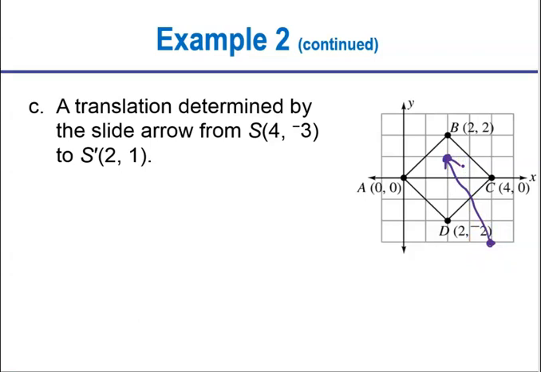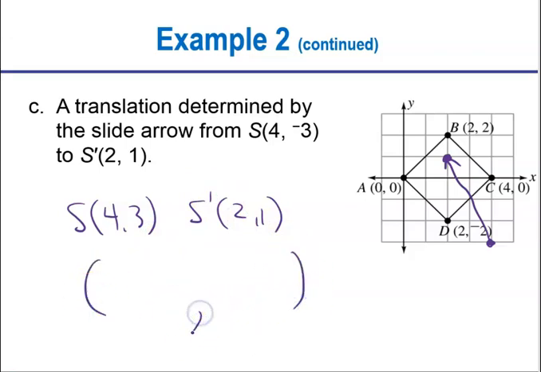Okay, now you could think about it like this. If we're going from S (4, 3) to S prime (2, 1), let's try to write it in coordinate form. So 4 changed to 2. So we took our x value and subtracted 2, right? That's what you would have to do to plug in a 4 and get an answer of 2. What about the y value? We took a 3 and it gave us a 1.